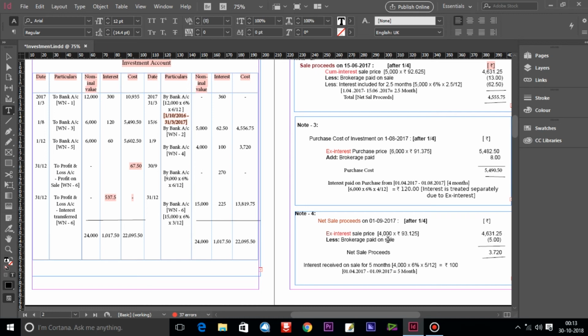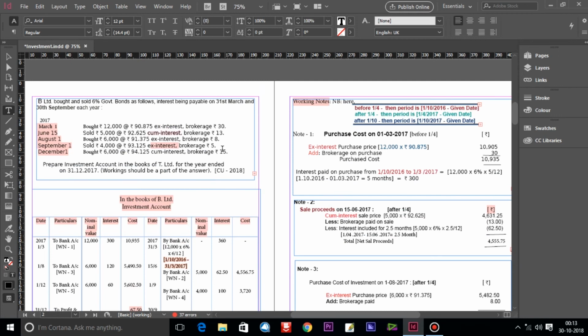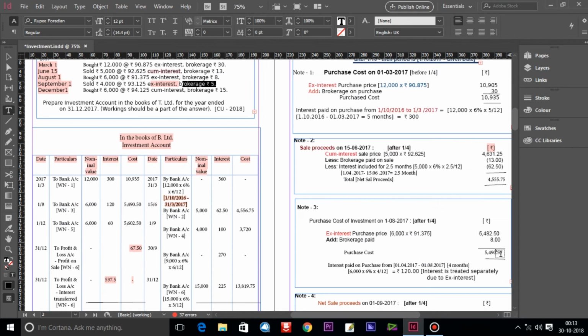You may better calculate by your calculator. 3,725, we got that amount, and you have to deduct rupees 5 as brokerage, because only rupees 5 is brokerage, and we got the amount 3720.